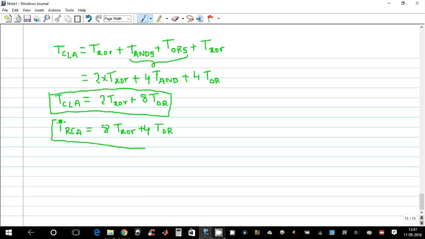So the delay of the carry look ahead adder is very much less than the delay of the ripple carry adder. Here we require only 2 XORs, and here we require 8 XORs.